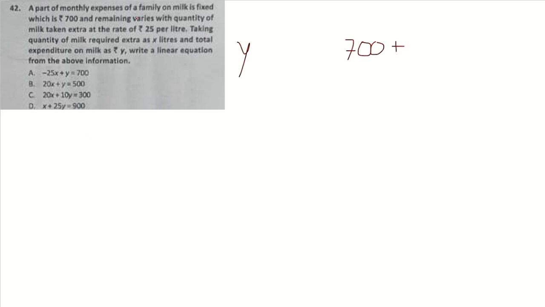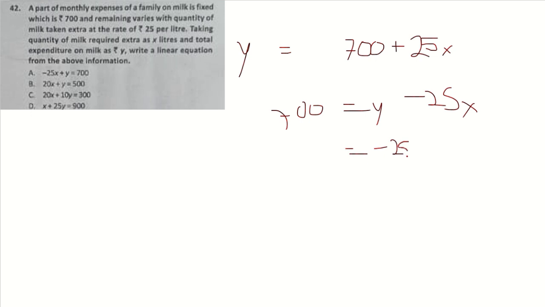Now taking the quantity of milk required extra as x liters, at the rate of 25 per liter, 25 rupees into x extra liters plus 700 rupees is equal to y rupees. Rearranging this whole thing, 700 is equal to y minus 25x, and y minus 25x is equal to negative 25x plus y, which is option 1, option A, the answer.